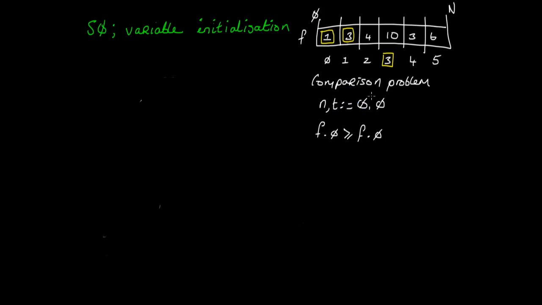We'll be comparing an element with itself, and we can't do that. So to solve the problem, what we're going to do is we will offset n into the array. So effectively what we'll do is we'll set t equal to 0 and n equal to 1.